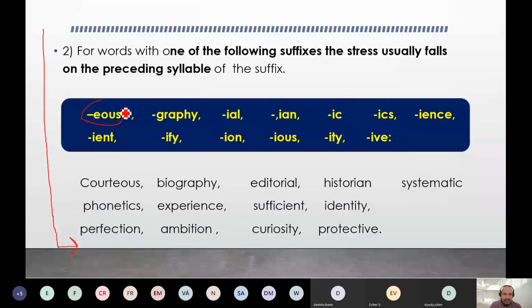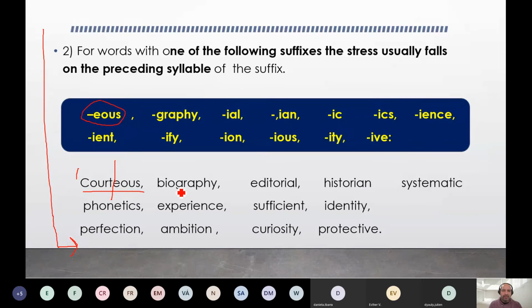We see it in the following word, and we can identify court as the root and eous as the suffix, courteous. So if we take this alone, court is stressed in the first syllable. I mean, it's only one syllable anyway, right? And courteous, the stress remains in the same syllable.